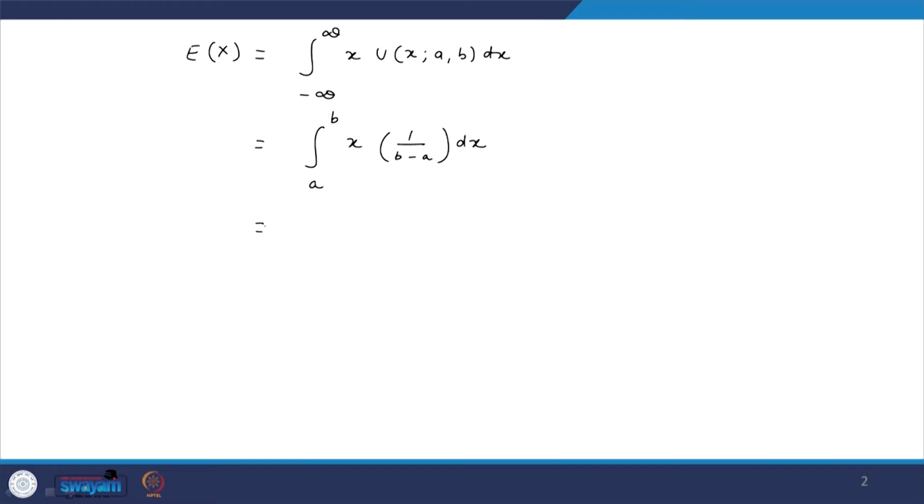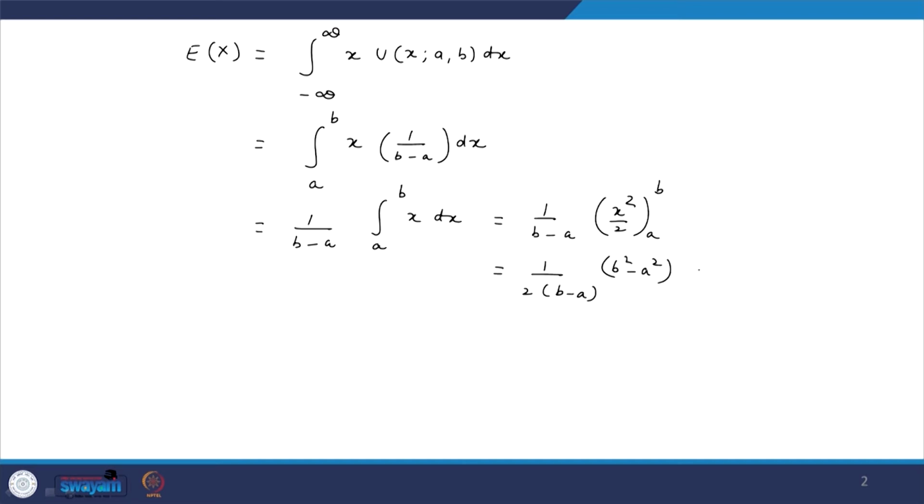So 1 upon b minus a comes out, and it is the integral from a to b of x dx. Its integral is x square upon 2 from a to b, which is equal to 1 upon 2 times b minus a into b square minus a square, which is equal to a plus b by 2.